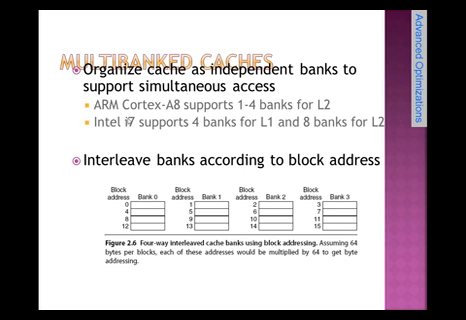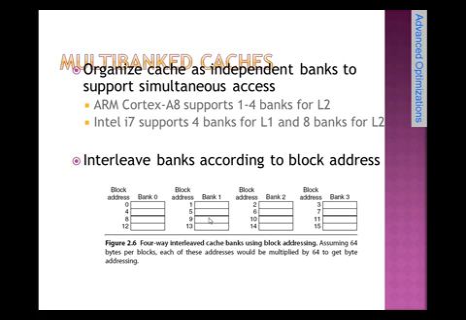Then the next point says interleaved banks according to the block access. This is bank 0, bank 1, bank 2, bank 3. These are the block addresses: at bank 0, addresses 0, 4, 8, 12; at bank 1, addresses 1, 5, 9, 13; bank 2, addresses 2, 6, 10, 14; bank 3, addresses 3, 7, 11, 15.